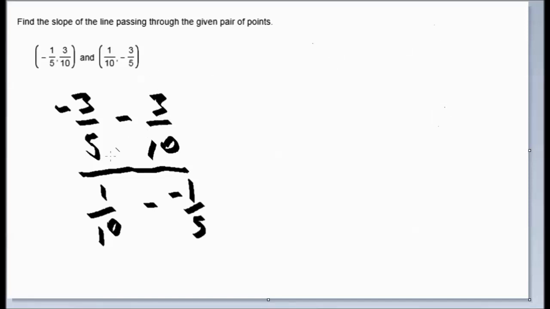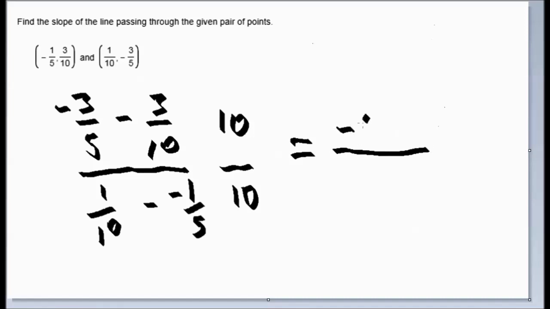Alright, so to work with this compound fraction here, I'm going to notice that 5, 10, 10, and 5 all have the common denominator of 10. So I'm going to multiply the top by 10 and the bottom by 10. That's multiplying the top and bottom by the same number. Here we have 5 goes into 10 2 times, negative 3 times 2 is, well, on the top we're going to have negative 6.